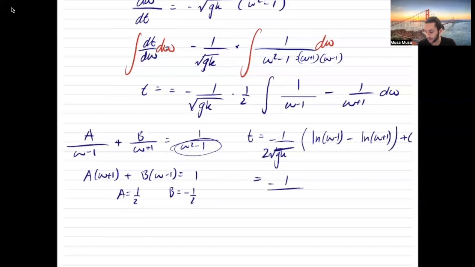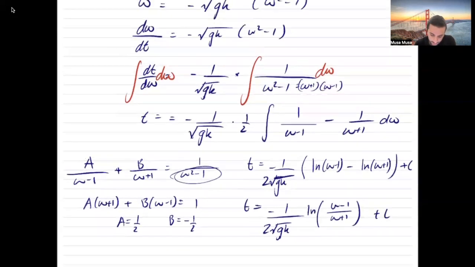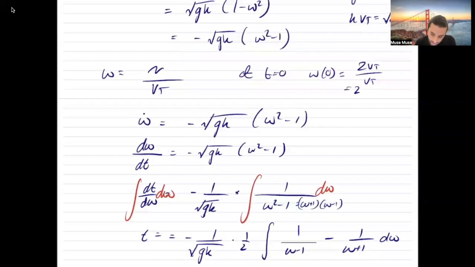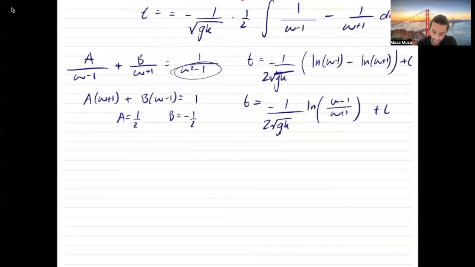Okay, so minus 1 over 2 square root of gk, ln of (w minus 1 over w plus 1) plus c. Now we were given at t equals 0, w0 equals 2. So let's chuck that in.